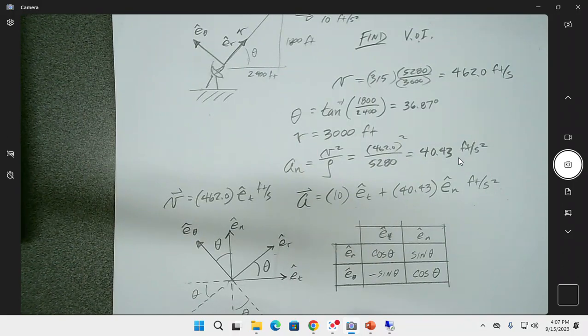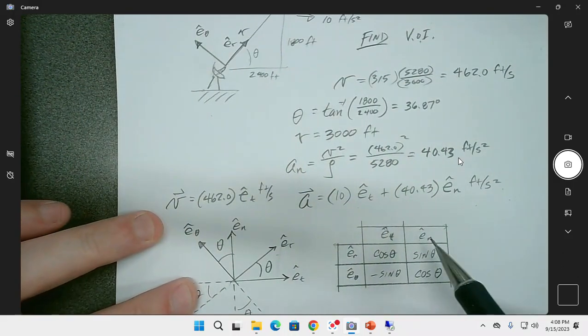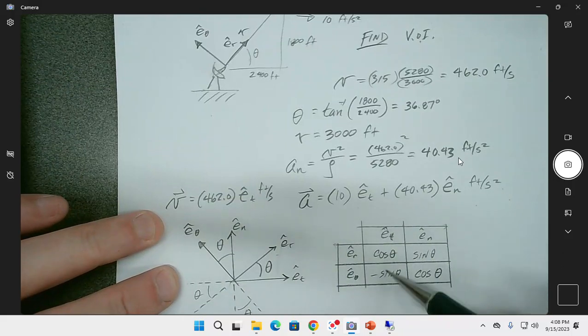So, in terms of velocity, we'll take the velocity as ET, and this is going to go down this way.